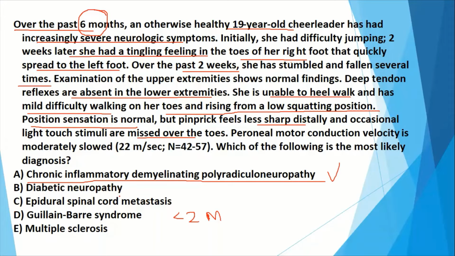So this is not the case here, so we can exclude this option.